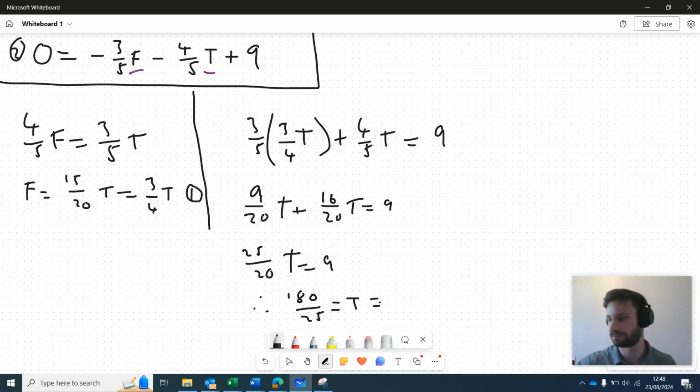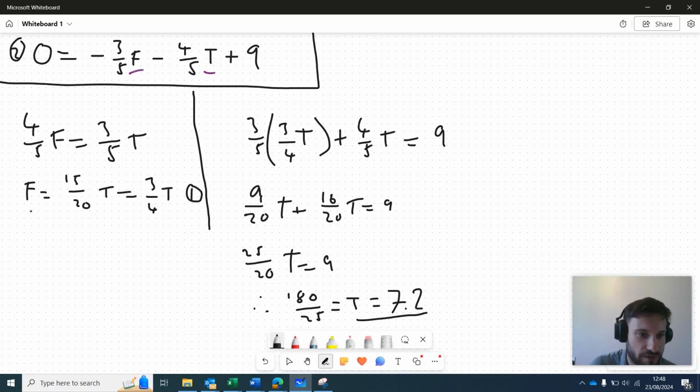Where's my calculator gone? 180 divided by 25 is 7.2, lovely. So that's the magnitude of T.